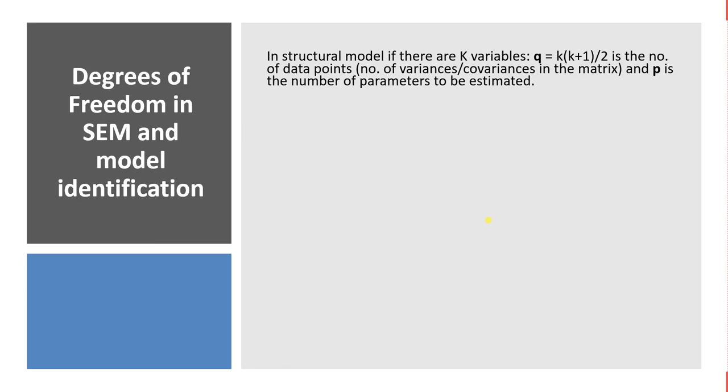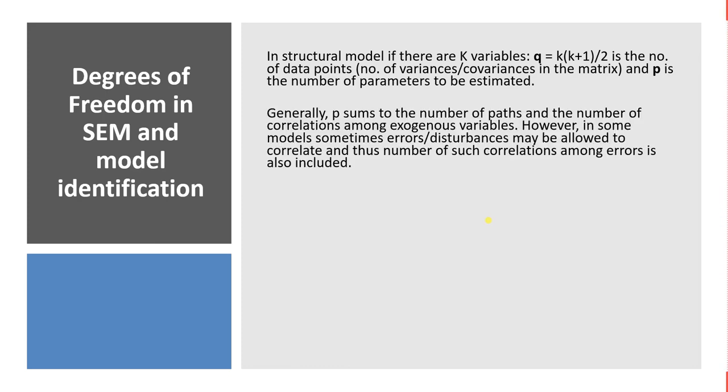This will give you the value of the possible data points, that is the number of variances and covariances in the matrix. And p is the number of parameters to be estimated. Using p and q, q minus p is the degrees of freedom.